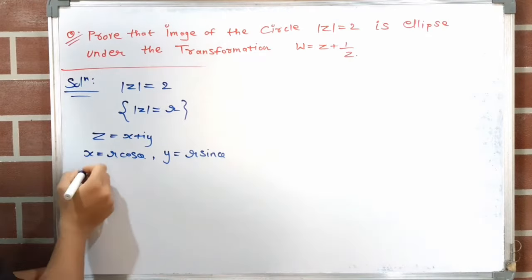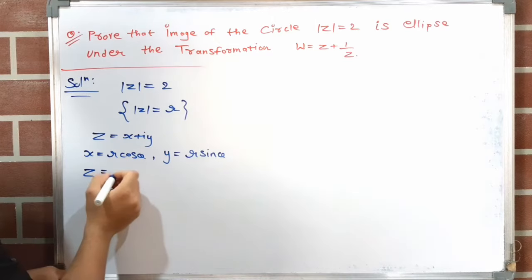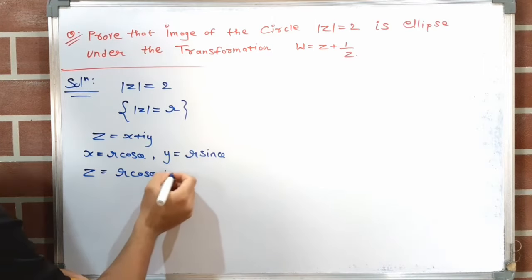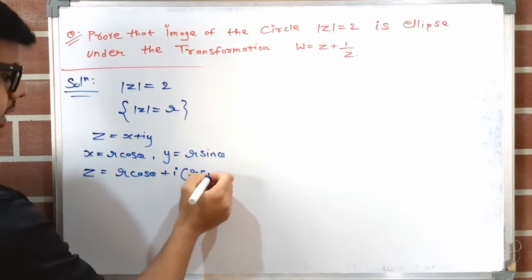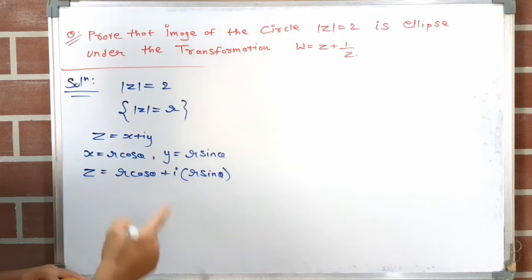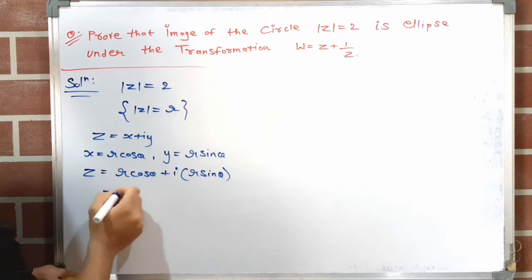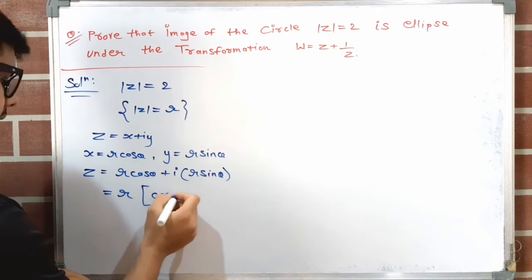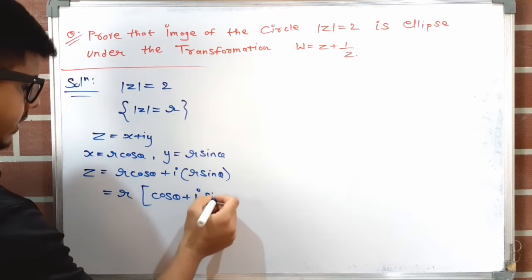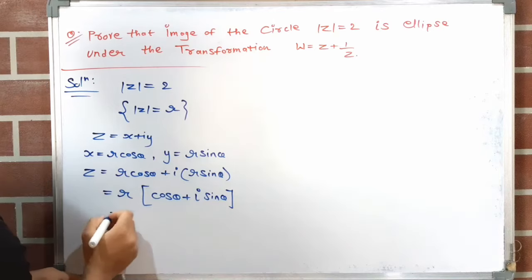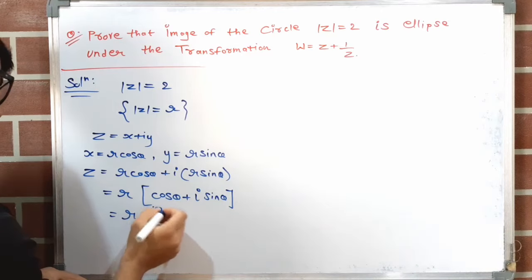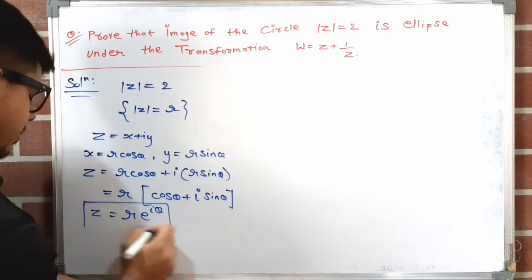Now we put these two in the above equation, so we get r cos theta + i r sin theta. Now you can see r is common, so taking it out we get r(cos theta + i sin theta). So this is r into e^(i theta). This is the polar form of z.